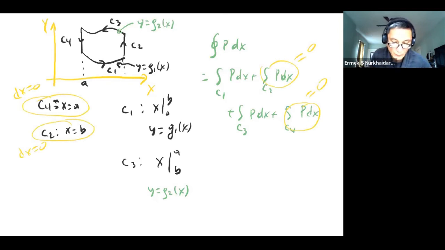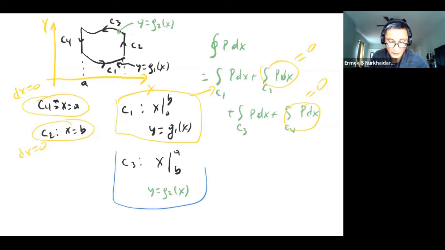Okay. For C1, we're going to use this information. For C2, we're going to use that information. For C3, we're going to use that.